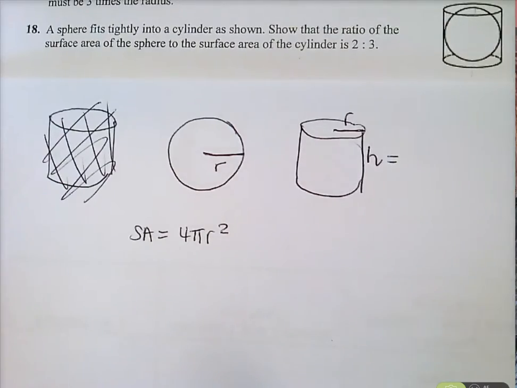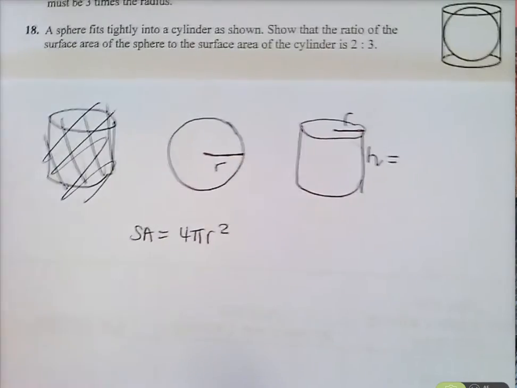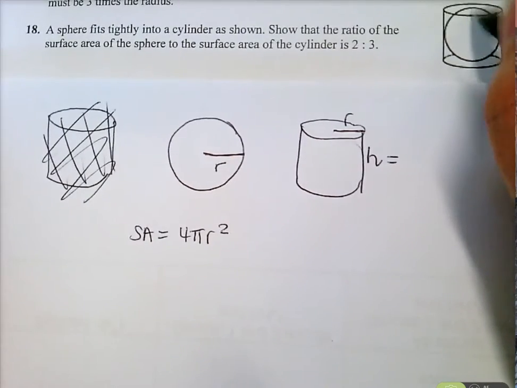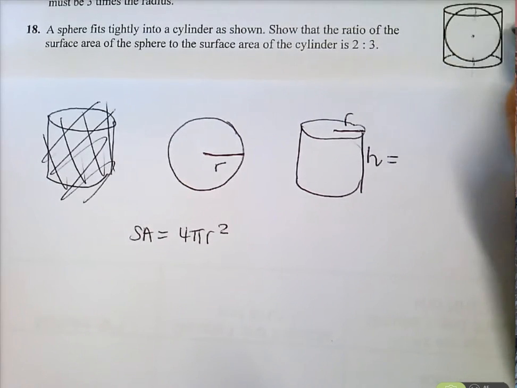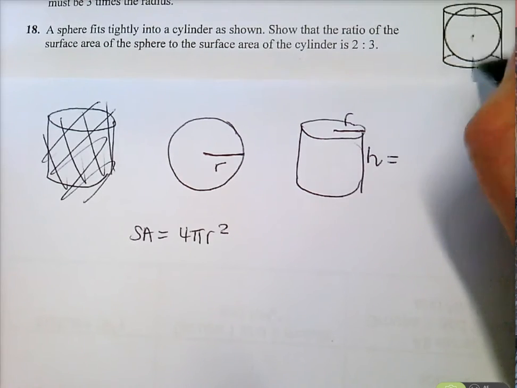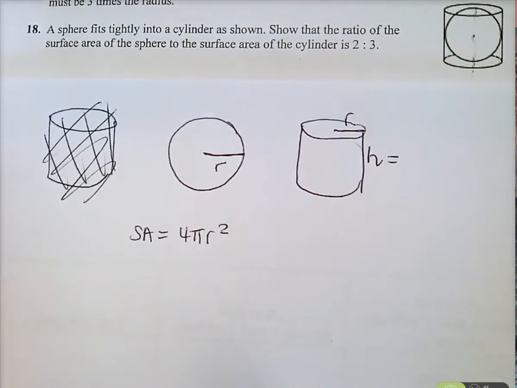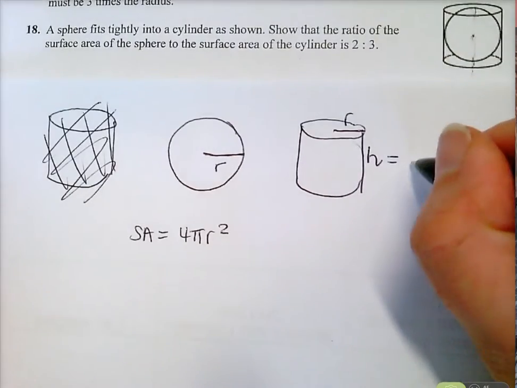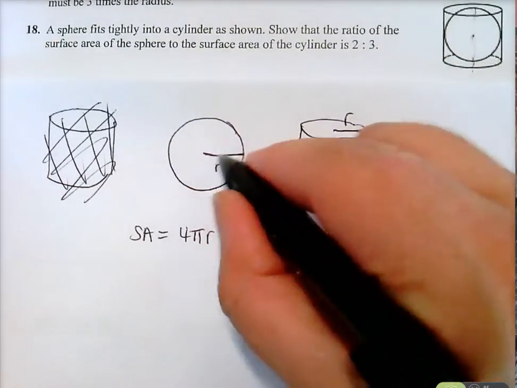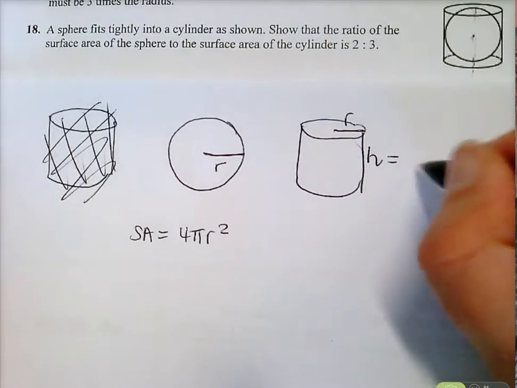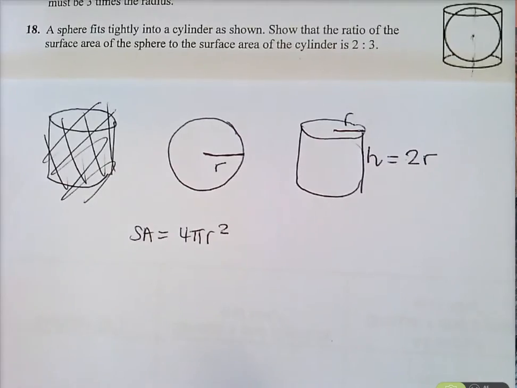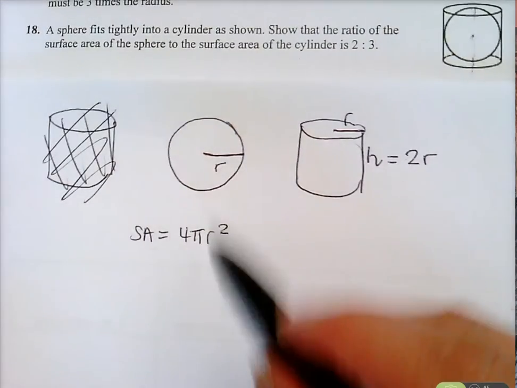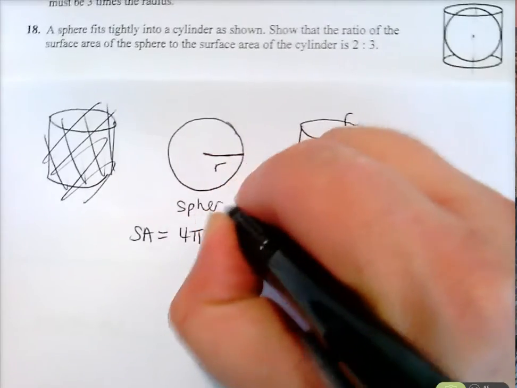I know it's H, but there's something special about H. Yeah, it's the diameter, which is? So girls, the height is actually R plus R. H is, which is 2R. Isn't the height 2 times R? That's it. So girls, surface area of the sphere we know is 4 pi R squared.